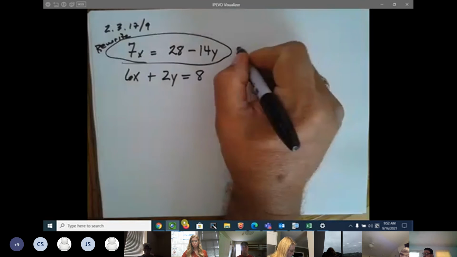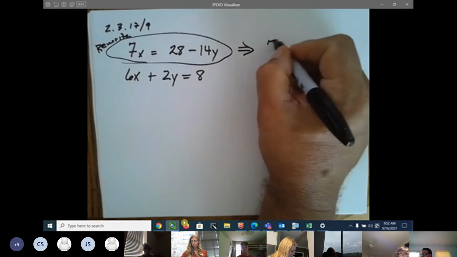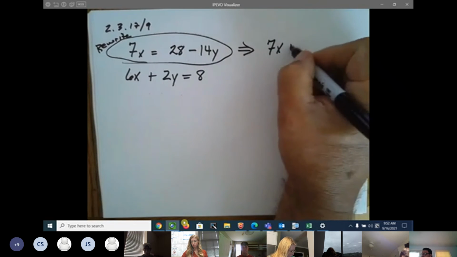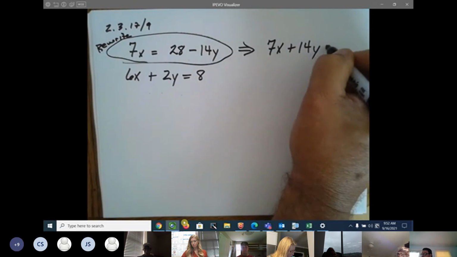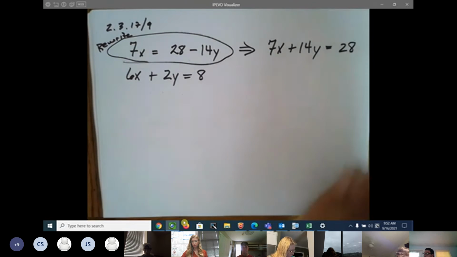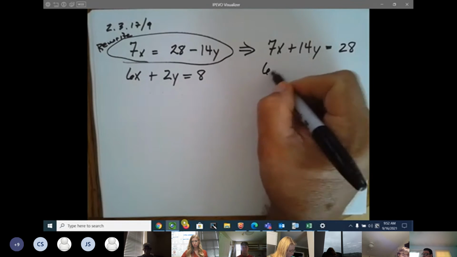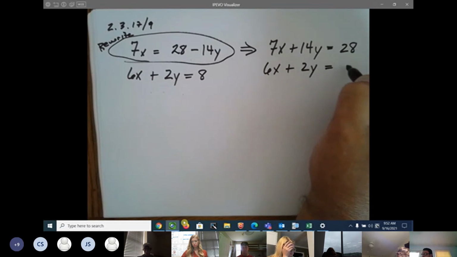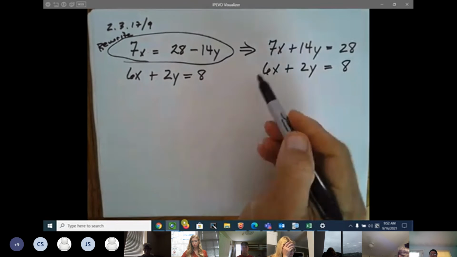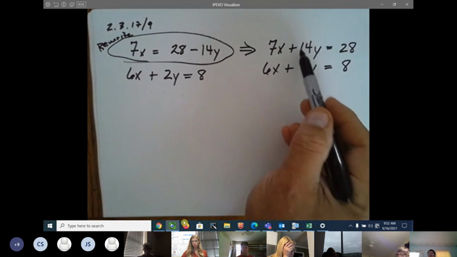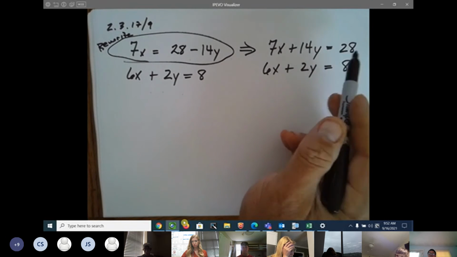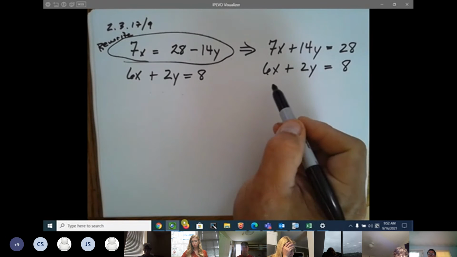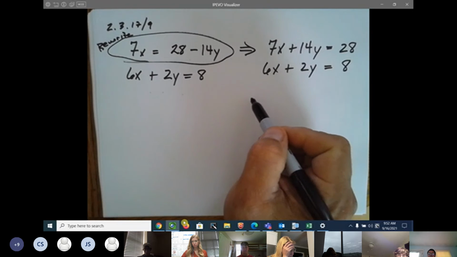So I'm going to rewrite 7x plus 14y is equal to 28, and 6x plus 2y is equal to 8. We don't have opposite signs. We don't have the same coefficients. There is a simpler way out of the 4 different ways you could do this.